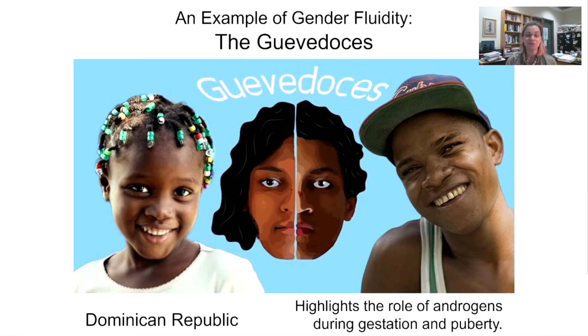So I want to tell you a bit about the juevedoches. This is a nice example of gender fluidity. In the 1970s, Western medical doctors started noticing that there was a group of individuals in a small town in the Dominican Republic that were actually called by a different term.